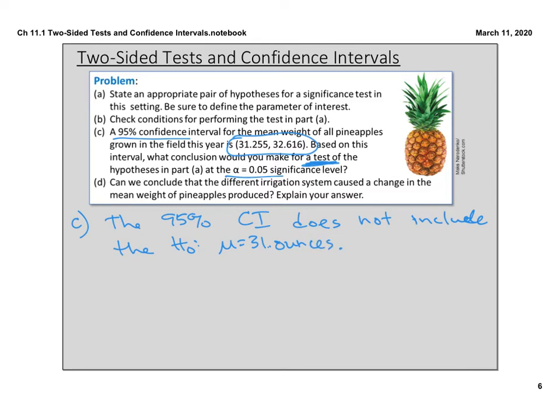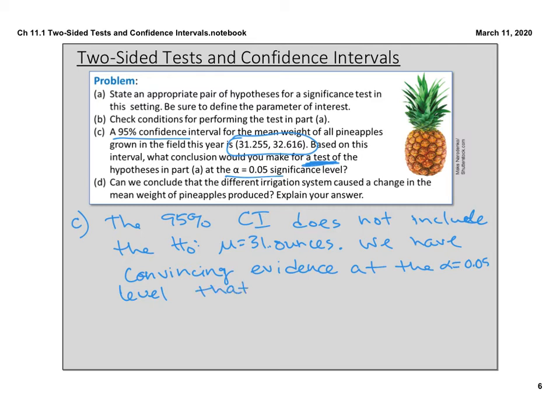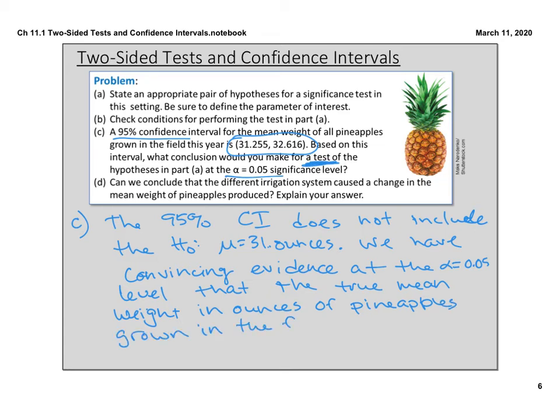Okay, so that means we have convincing evidence at the alpha equaling 0.05 level that the true mean weight in ounces of pineapples grown this year is not, this year is different from 31 ounces.